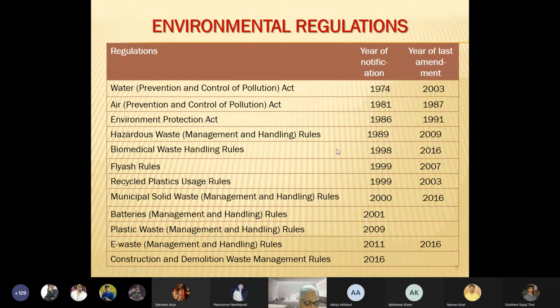We're not going to go into any details for the simple reason that we don't have enough time, but it's a very important regulation. Then we come to fly ash. I already mentioned where fly ash is coming from.